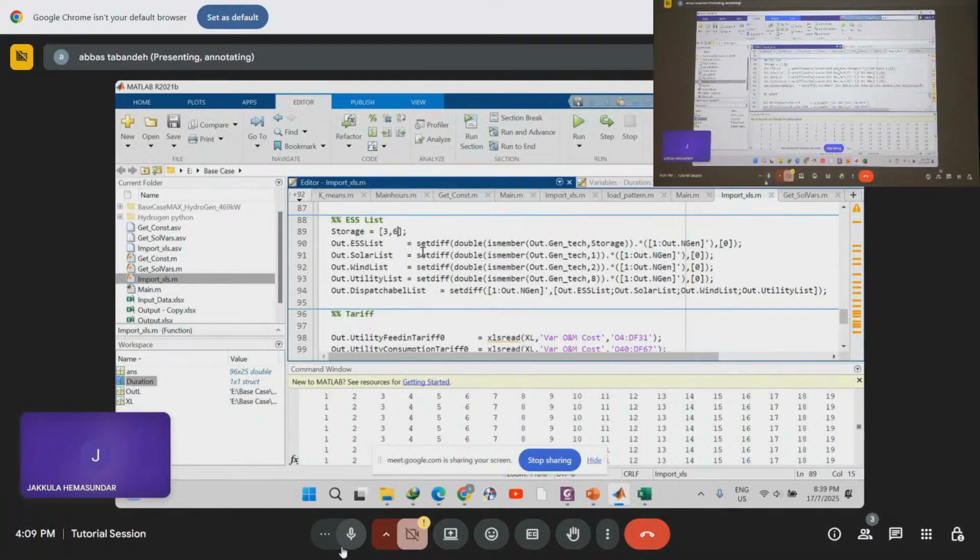And again, we write some code to make a difference between solar generation, wind turbines, energy storage system, as well as the utility.